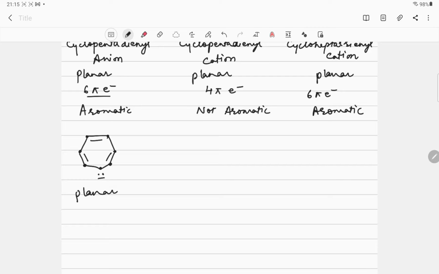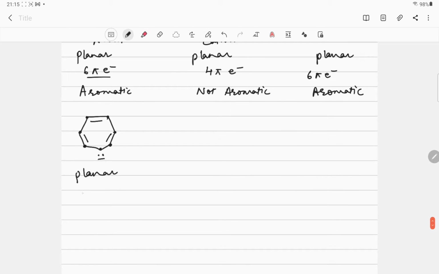Now, what about the number of electrons delocalized here? It is 8 pi electrons. How 8? Because 6 because of the double bonds, and one pair of electrons is present, so 8 pi electrons are delocalized. That is why it is not satisfying the 4n plus 2 rule, and that is why it is not aromatic. So this is how we can identify whether the compound is aromatic or not.